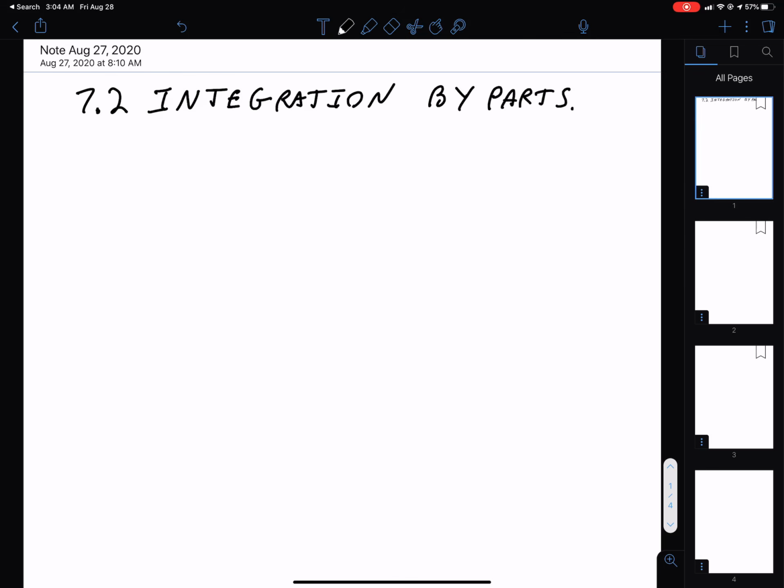I'll give you an example. So if you have this integral, here's the problem. We don't have something called the product rule. So we can't have a magic formula.